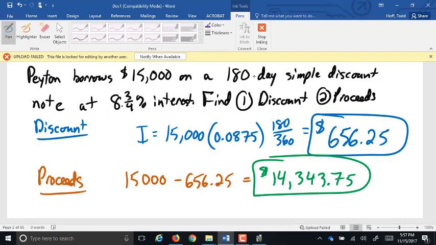But now here's the big question. Is that really 8.75% interest?